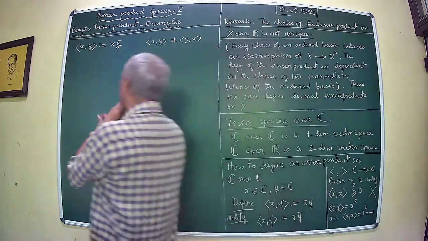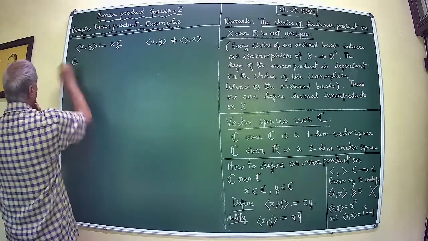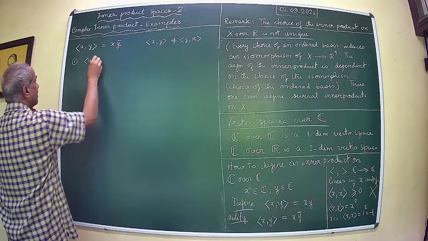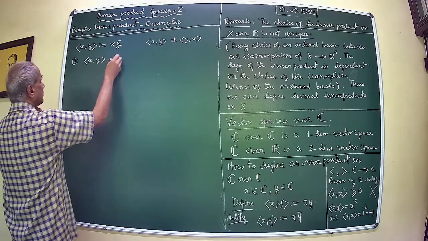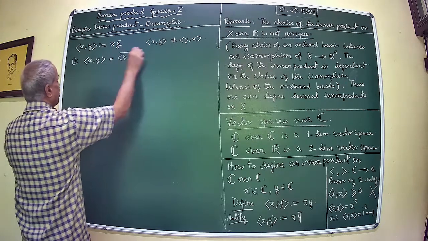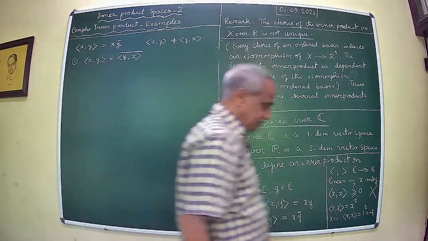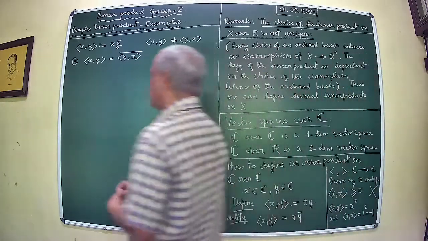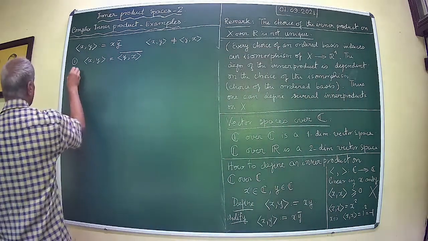So the first property, we will fix it. Say that then (x, y) equals the conjugate of (y, x). Okay? The second property, we observe the following.